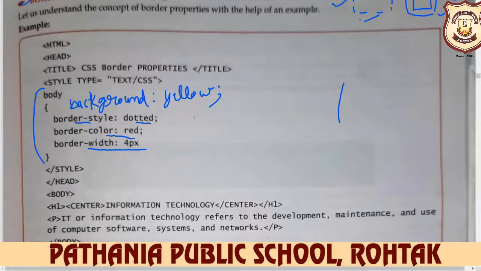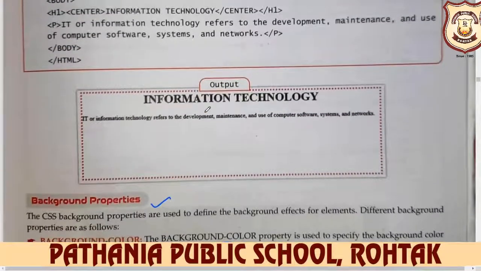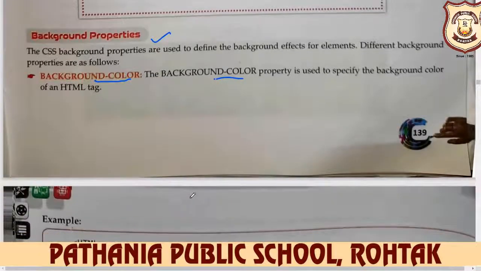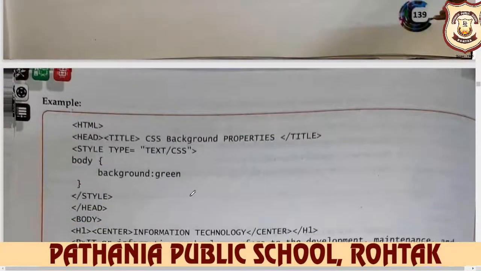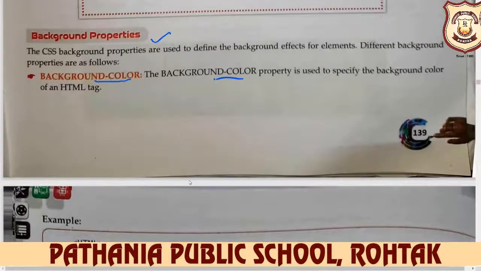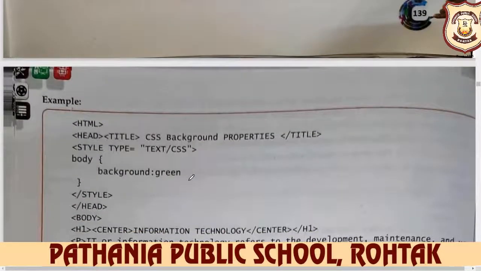But if you want the background color of a particular element, then you write background hyphen color. But no need to write it like this. You just write background colon and the color name like this. You see here, background colon and the color name.